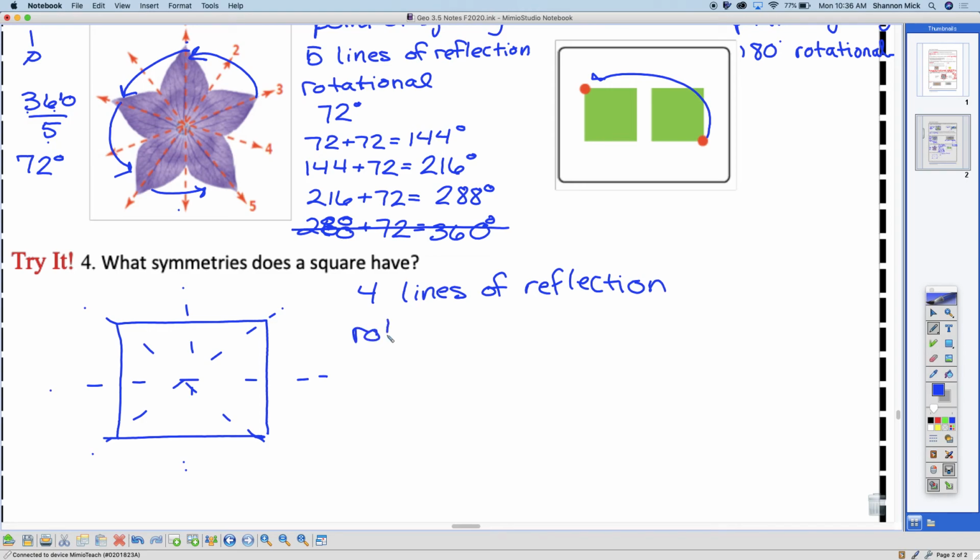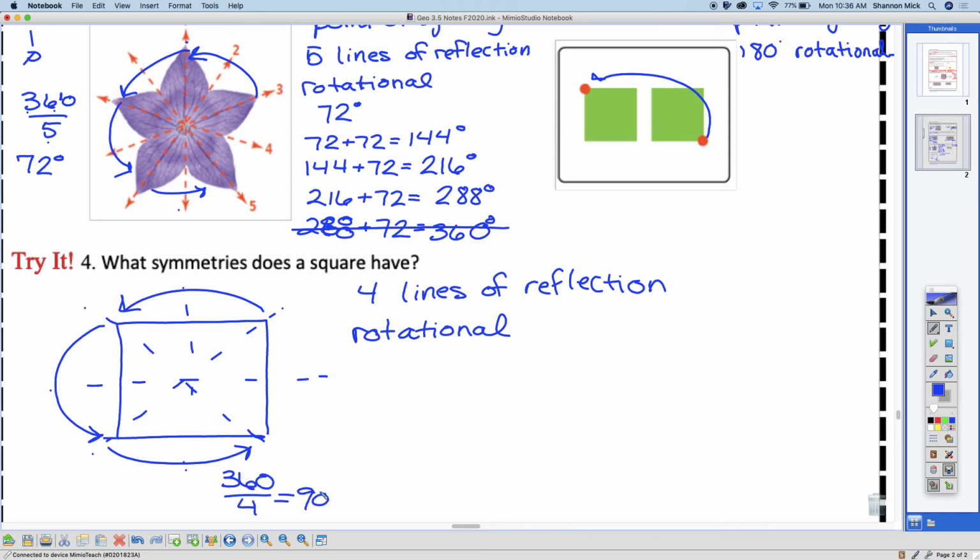Rotational. 90, 180, 270. Does everyone know how 90, 180, 270? Because you're taking this vertex, going there, there, and there. All I have to do is 360 divided by what? 4. And so I know they're multiples of 90.